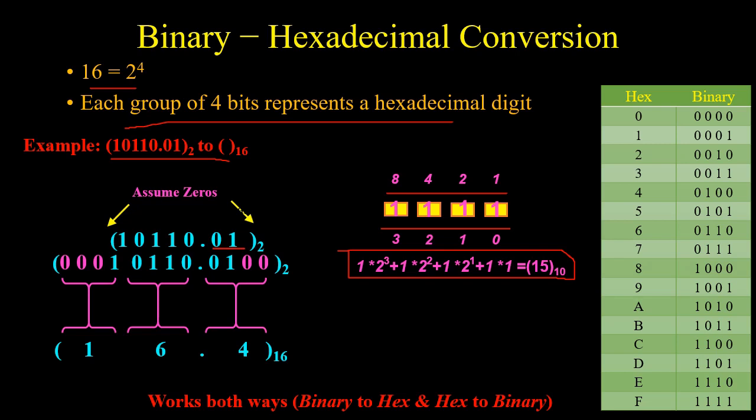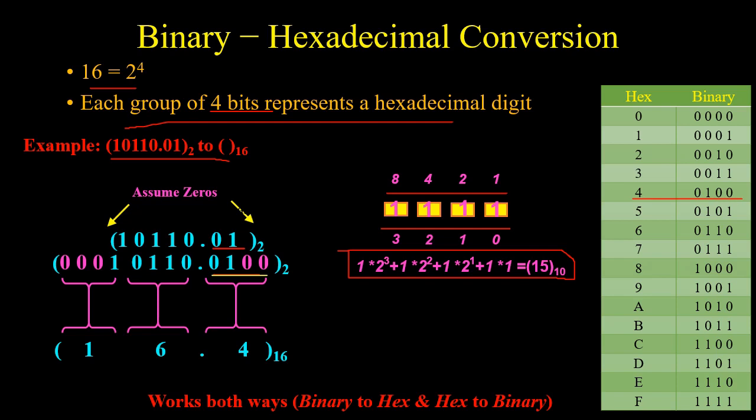Here we have 0 and 1, where we are required to make a group of 4 bits. So we will add 2 additional zeros to the right of the 1, and hence we will have a set of 4 bits which will be 0, 1, 0, 0, and its equivalent hexadecimal will be 4.